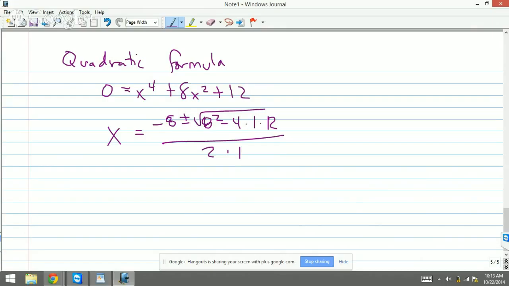This one's x squared equals. That's the key there. Because it's x to the second power, we know that it's going to be x squared equals. So when you get your answer, square root the whole shooting match. And you're probably going to get 4 numbers because it's a quartic. Remember the fundamental theorem of algebra: 4 complex roots.